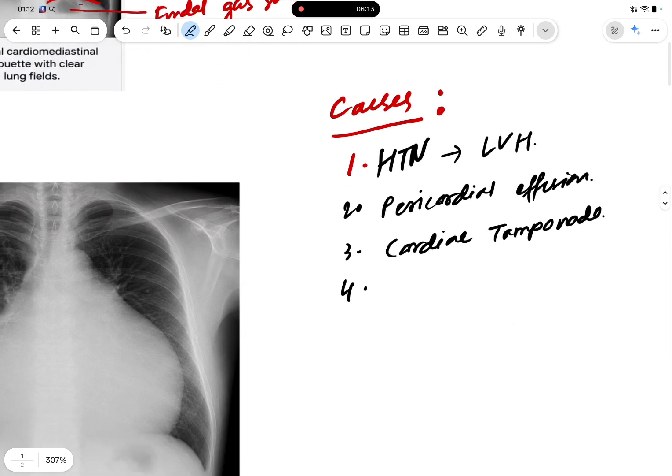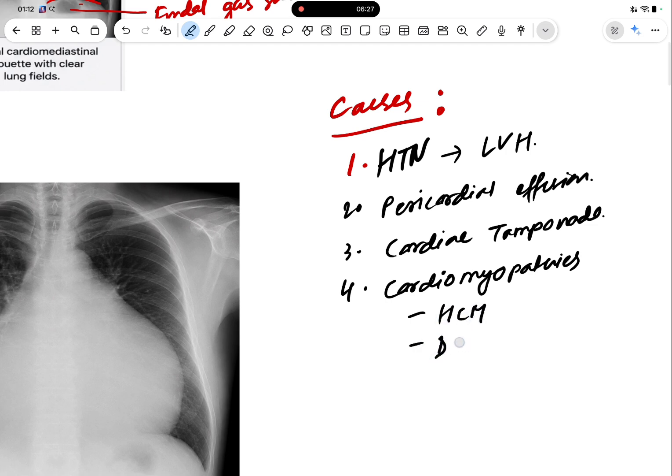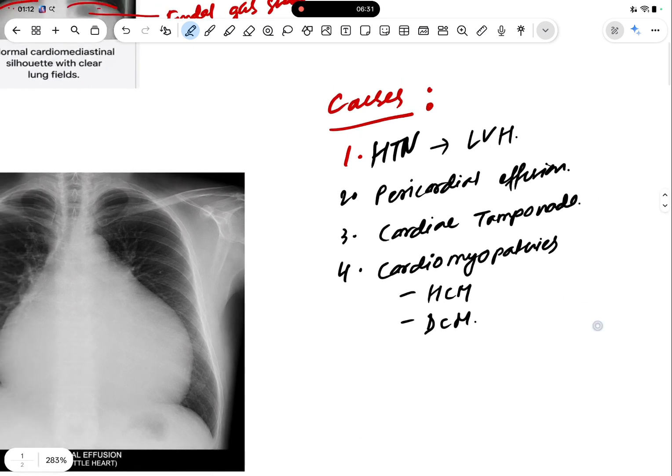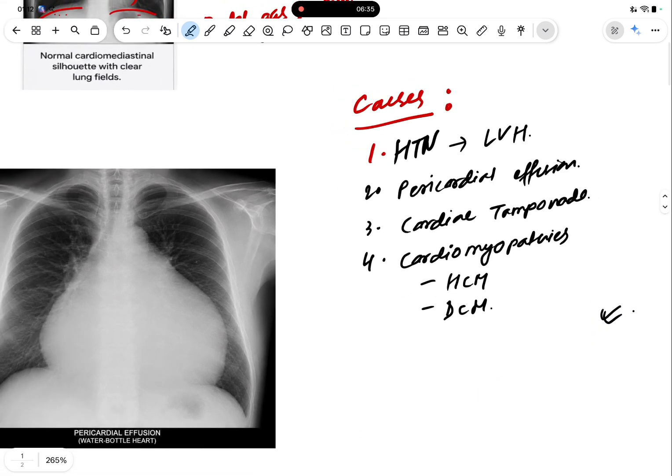Then comes cardiomyopathies, which contain hypertrophic cardiomyopathy, dilated cardiomyopathies, right? So these are a few examples. There are so many others you can search up on the internet. This is just for explanation purposes, right?